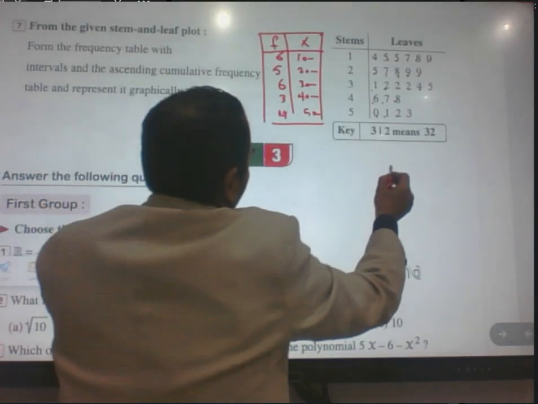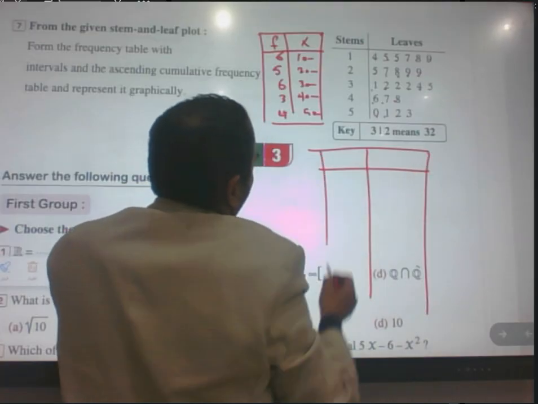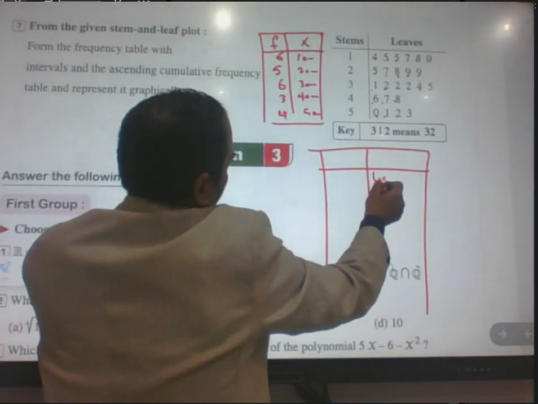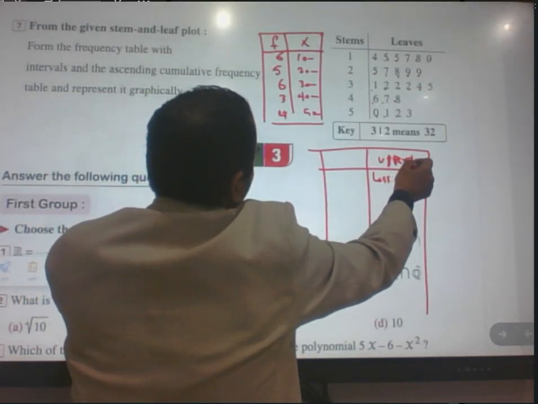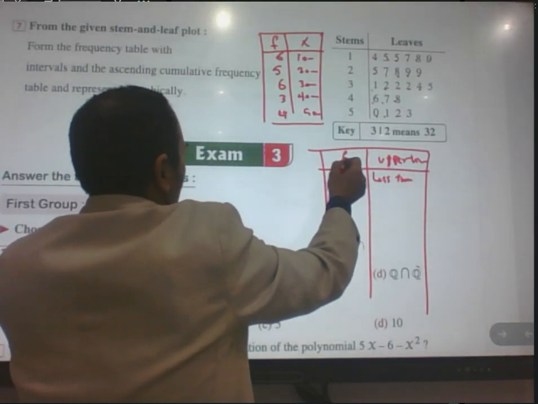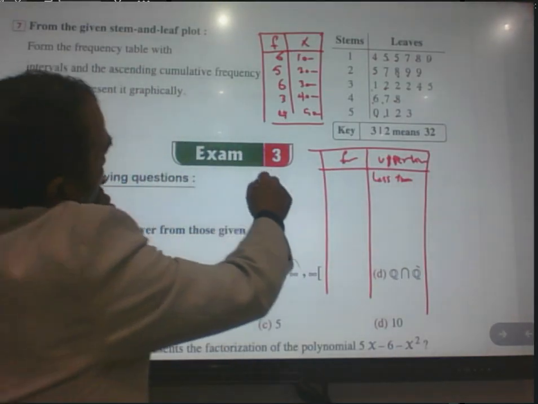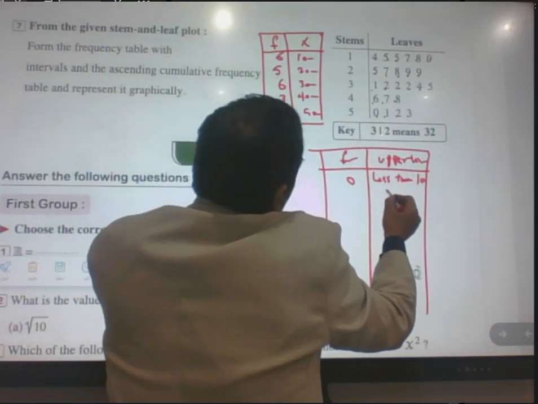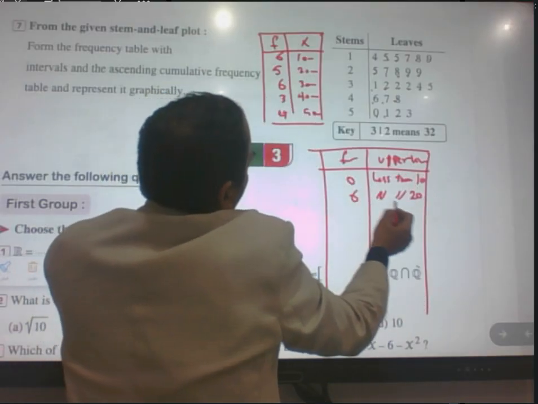Now I will draw the table here also. Right here, upper limit, and here frequency. Ascending cumulative: less than 10, it will be 0. Less than 20, it will be 6.